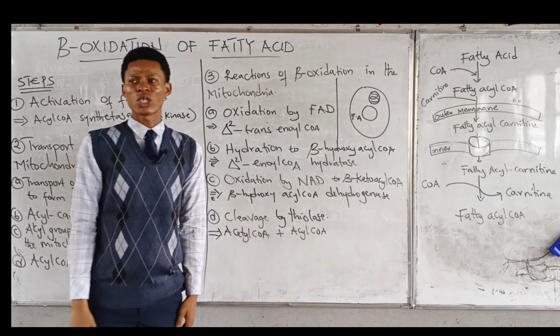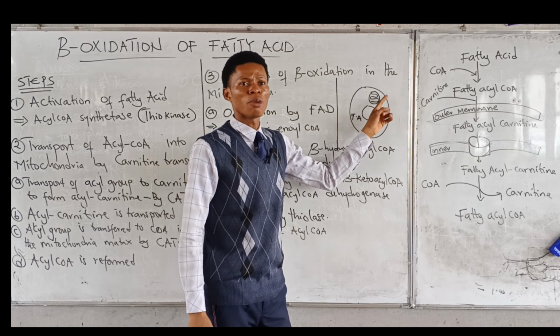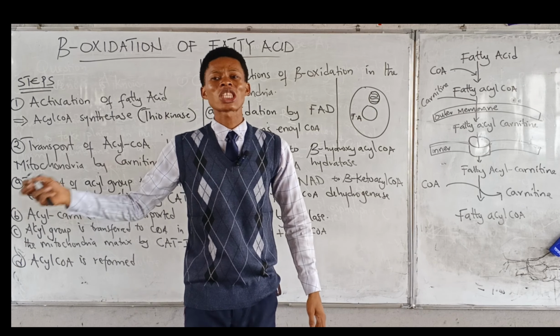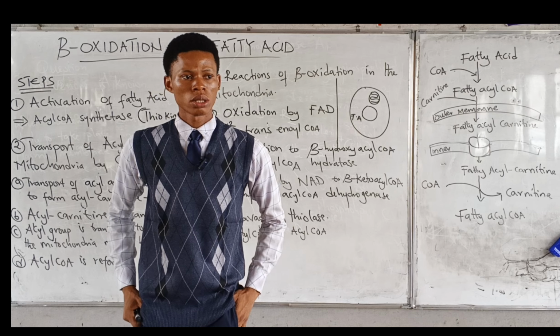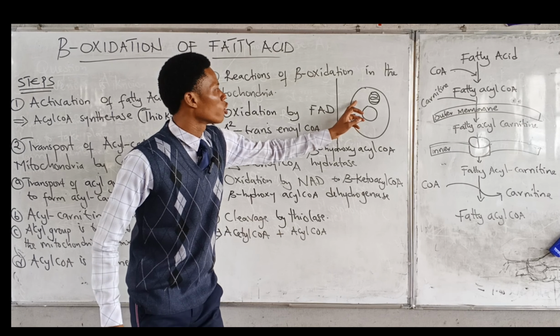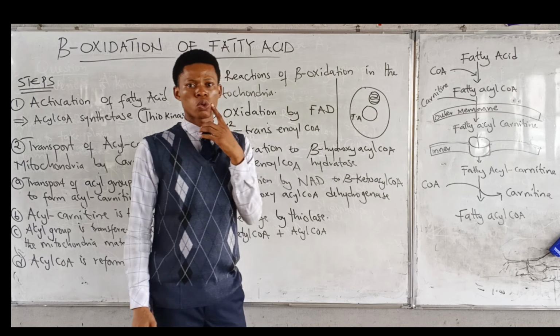But the problem here is that the membrane of the mitochondria does not allow fatty acid-CoA to pass through it. So fatty acid-CoA cannot pass through this mitochondrial membrane into the mitochondria.